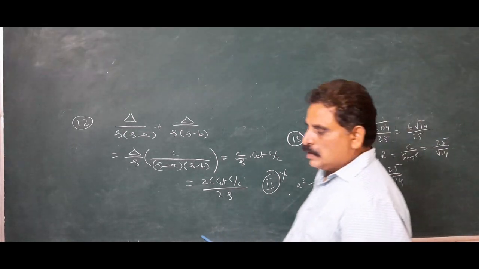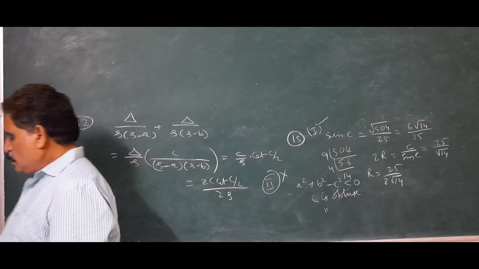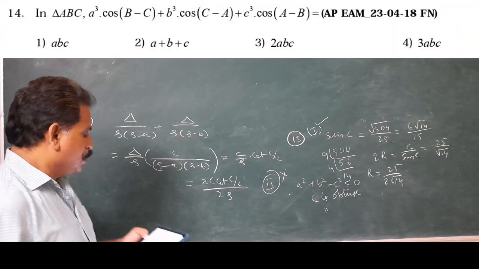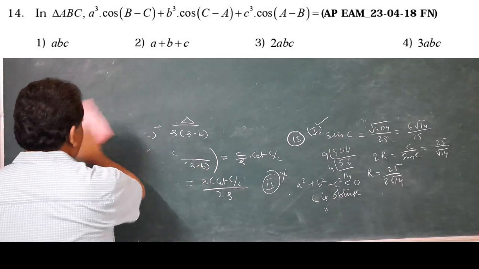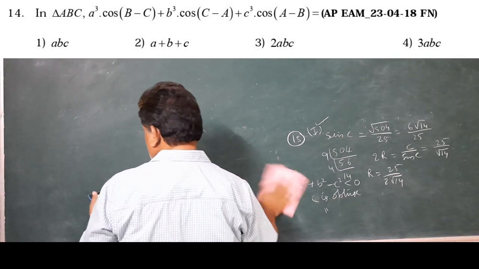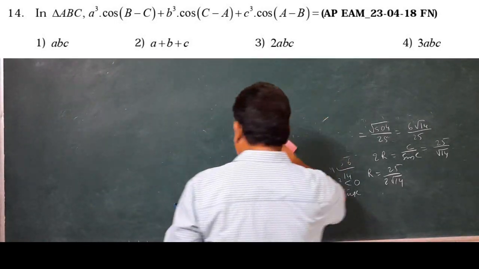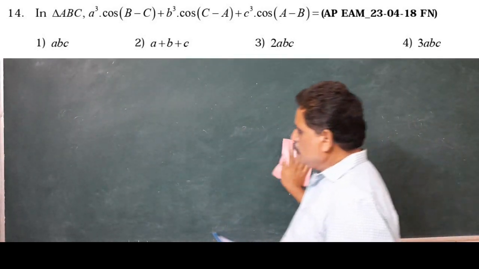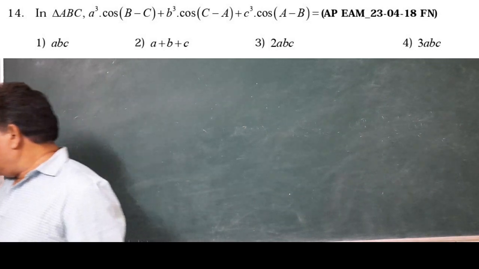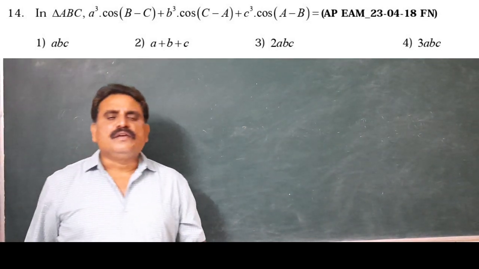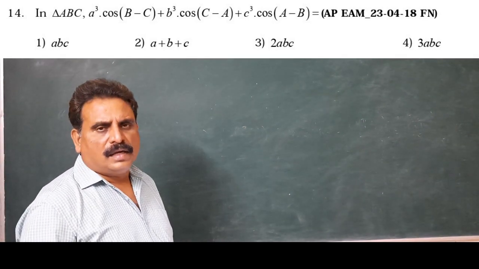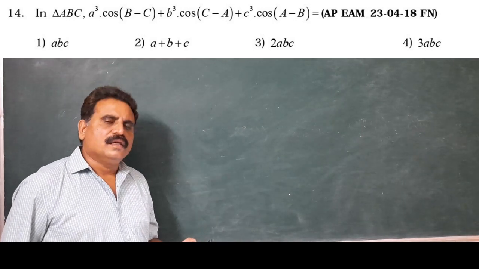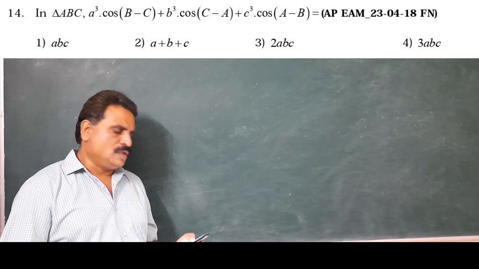Next, question 14. These belong to properties of triangles. So the questions are very easy. In triangle ABC, sigma a cube cos (B minus C). Let us verify that ABC is an equilateral triangle. That means A equal to B equal to C. Automatically each angle is equal to 60.